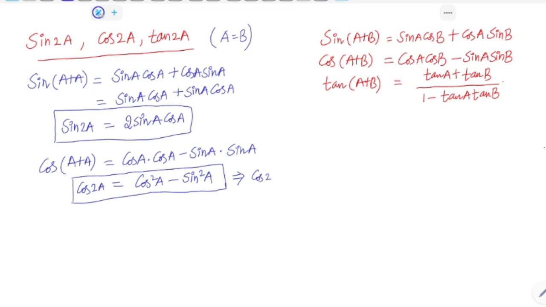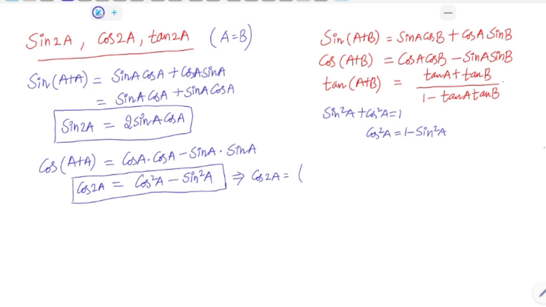Cos 2a is equal to, I am writing cos square a as 1 minus sin square a, because we know that sin square a plus cos square a is equal to 1. This is the trigonometric identity. Now in place of cos square a, I am writing 1 minus sin square a. Therefore, the cos 2a formula will be modified like this.